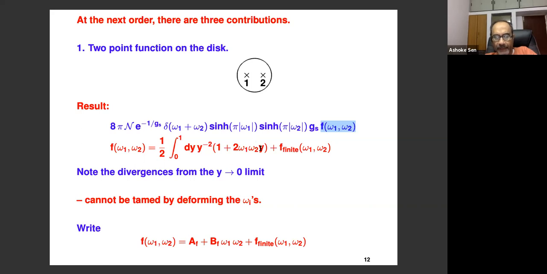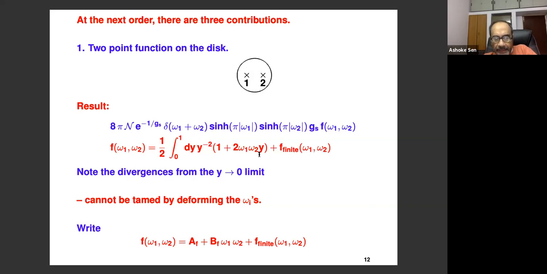Of course, you can always add finite terms here and subtract them from here, but they chose to extract the singular part like this. The remaining part is now a finite integral, and they could numerically evaluate it. As I said, there is no closed form expression; it's given as integrals. So they numerically evaluated this to find it as a function of omega 1 and omega 2.